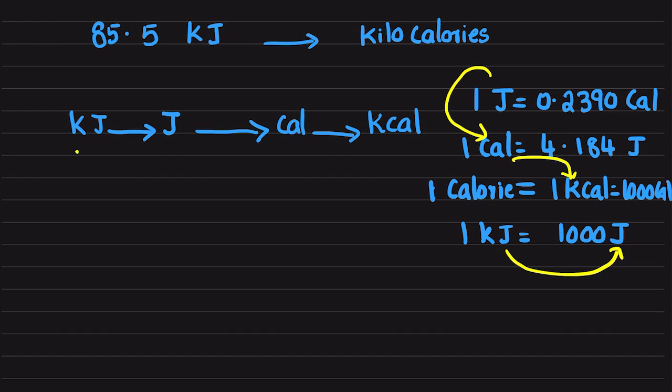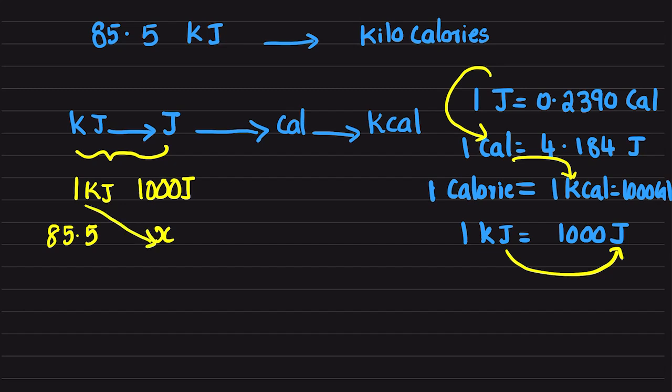So step 1, I need to convert kilojoule to joule. So we know that 1 kilojoule equals 1000 joule. So 85.5, take it as X. Cross multiplying.